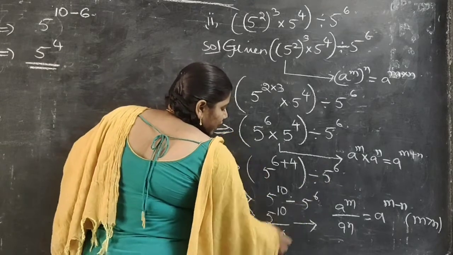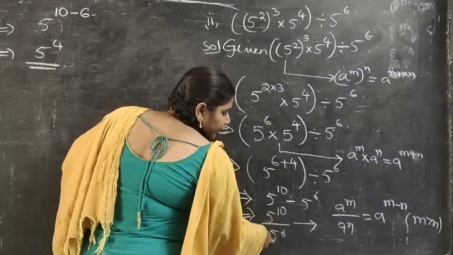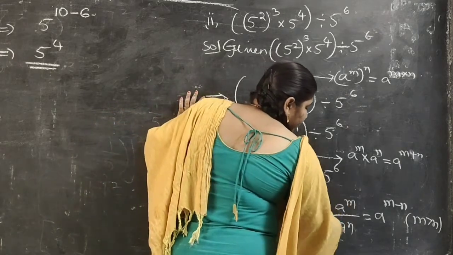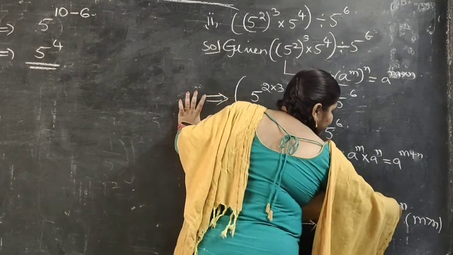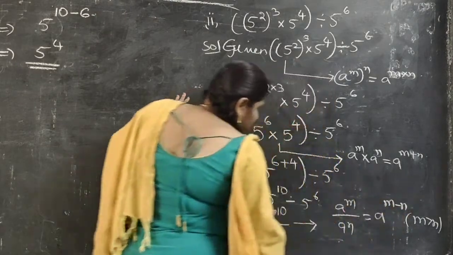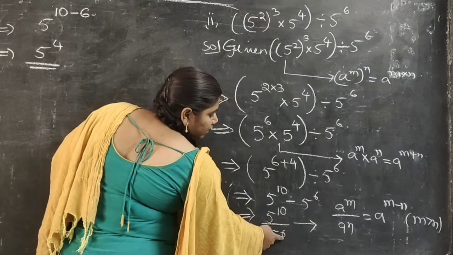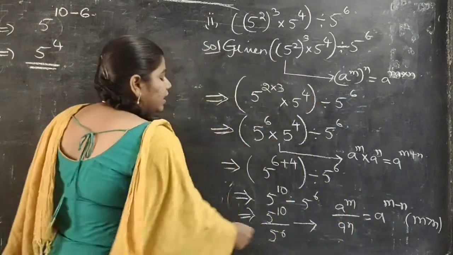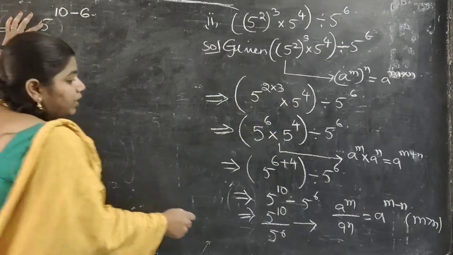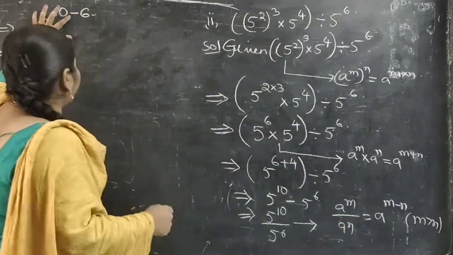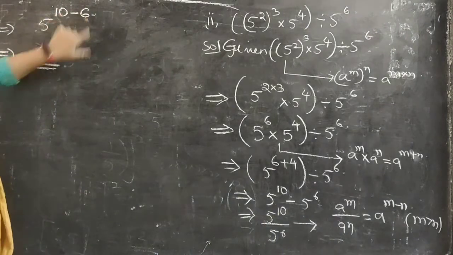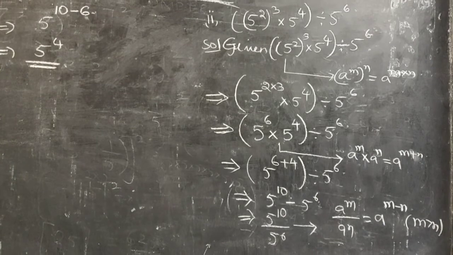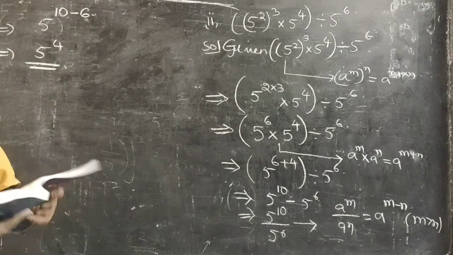Now m value is 10 and n value is 6. 10 minus 6 is 4. So what is the final answer? 5 power 4. So next problem, try it as homework.